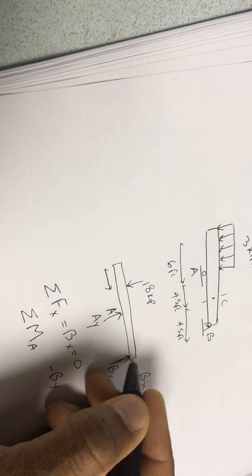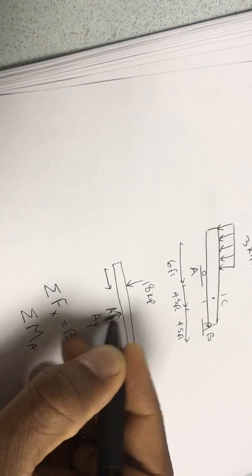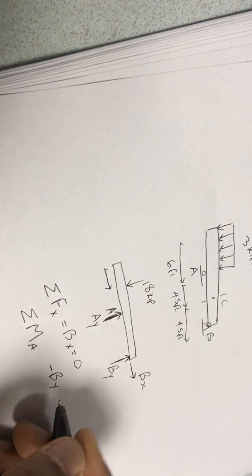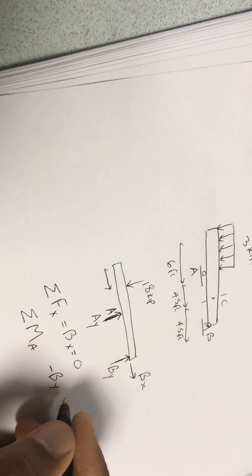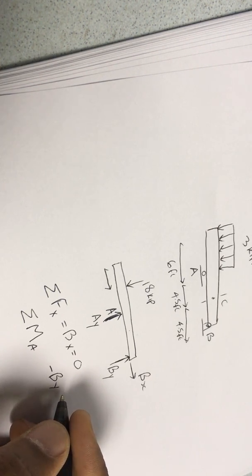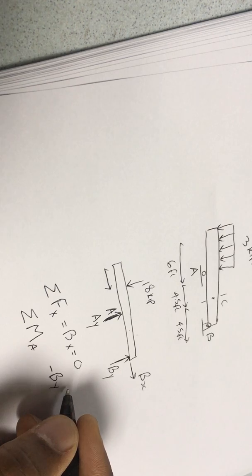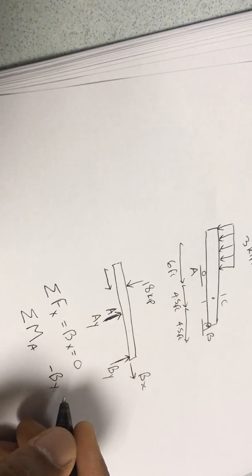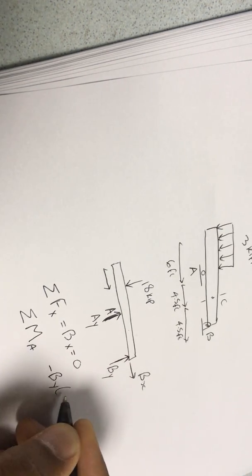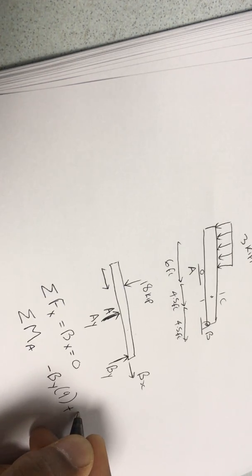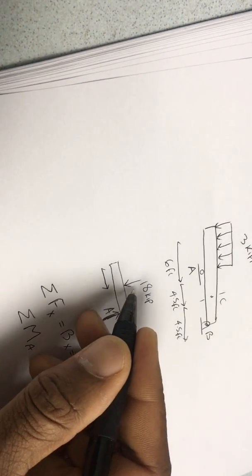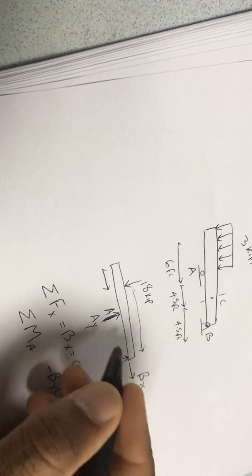Remember, I drew this going up, but if we know that there's a normal force right here, we can pretty much say that that would be going in the other direction. So let's say By, or if you flip it around, let's find out, right? Negative By times 9 plus 18 times this total distance.